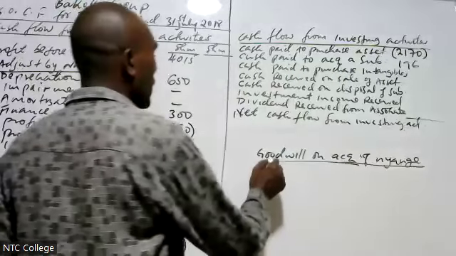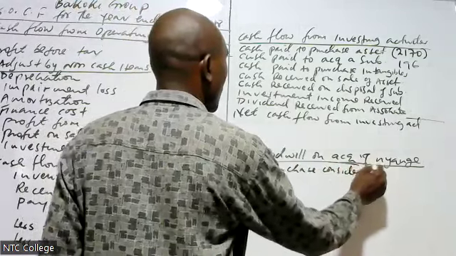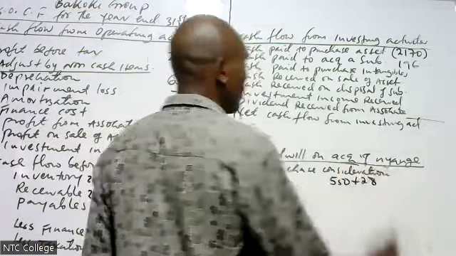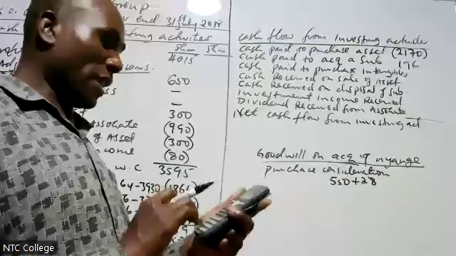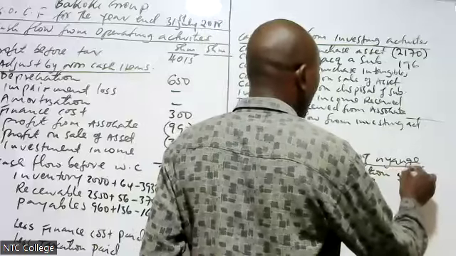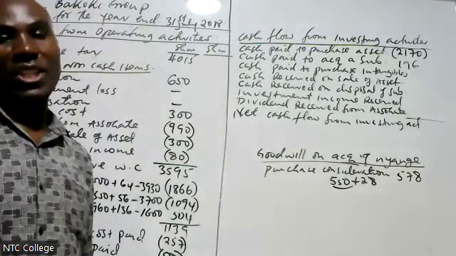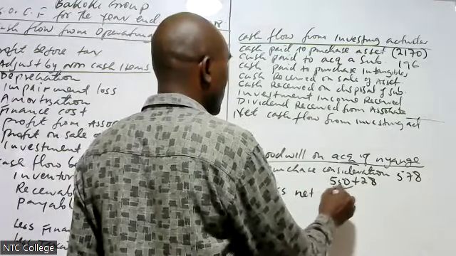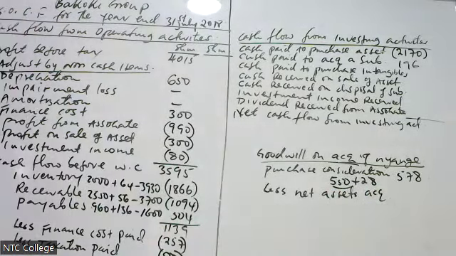Goodwill. We take the purchase consideration, which is 550 plus 28, which is 578. We paid 578. 550 was shares, 28 was cash. Then we less net assets acquired.